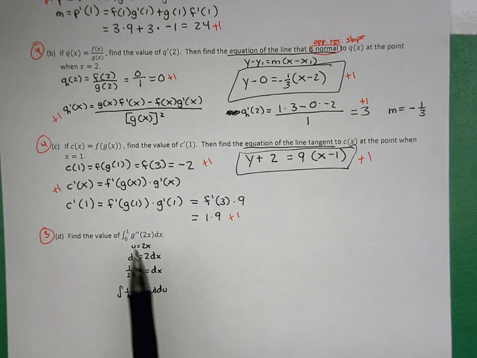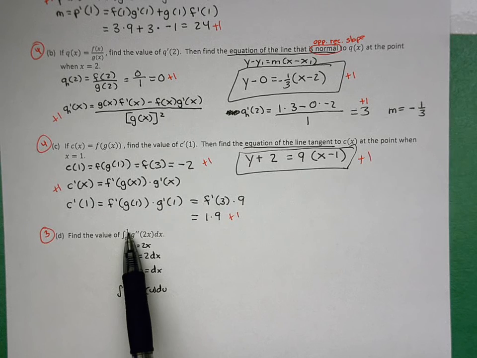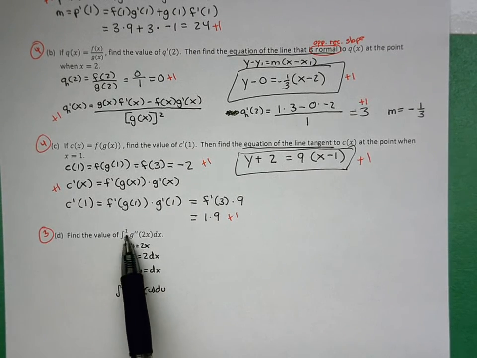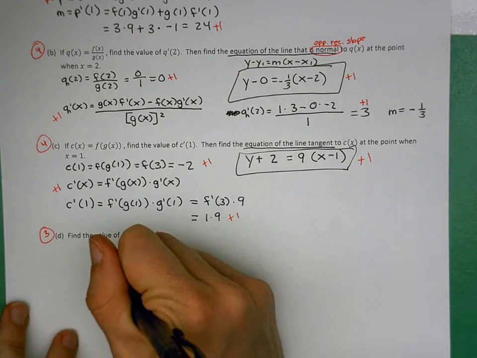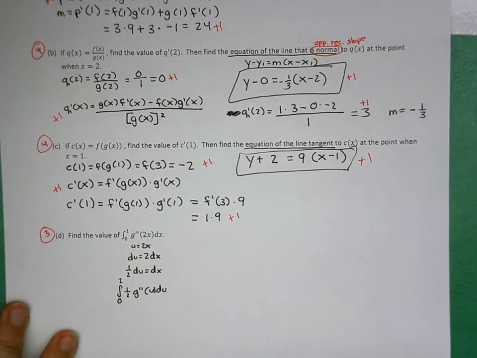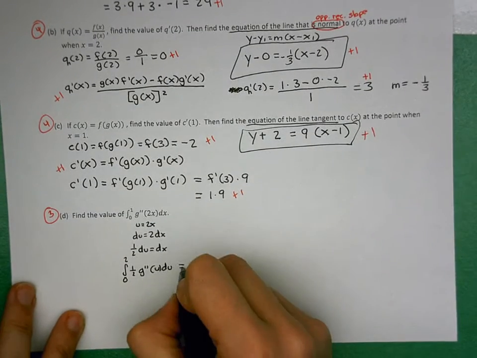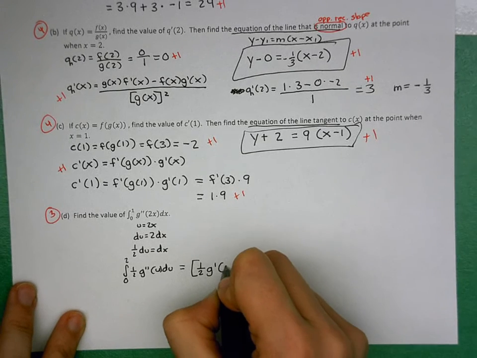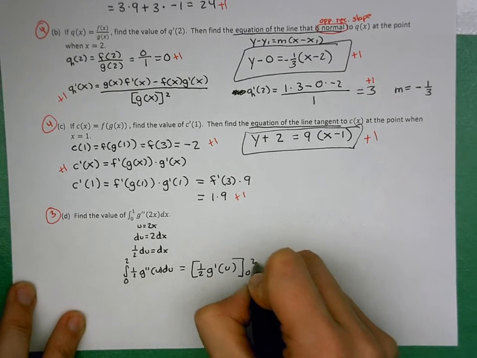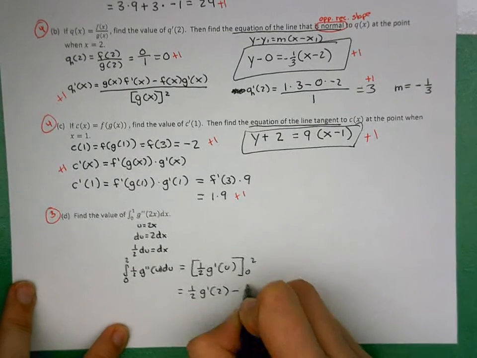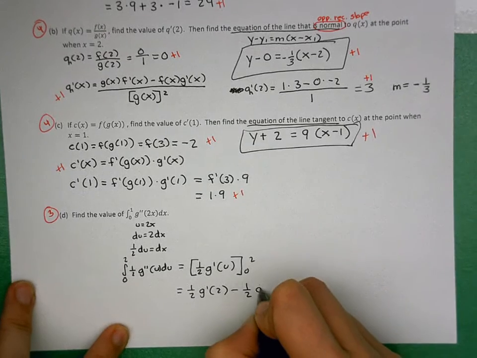Changing your bounds, you'd be taking this 1, which is an x bound, and plugging it into x to turn it into a u bound. So 2 times 1 is 2. Plugging the 0, 2 times 0 is 0. Okay? Integrating then, integral of g double prime is g prime. Plugging in your upper, you have g prime of 2 minus plugging in your lower, g prime of 0.